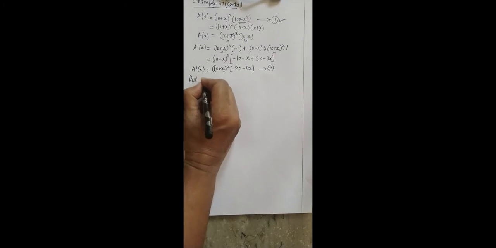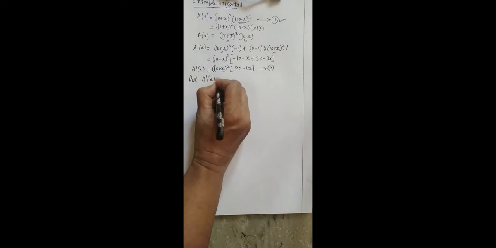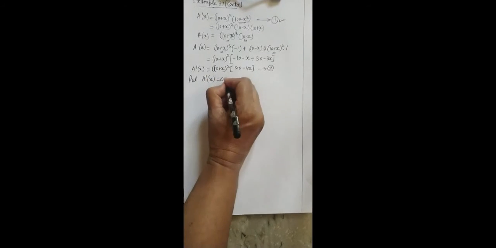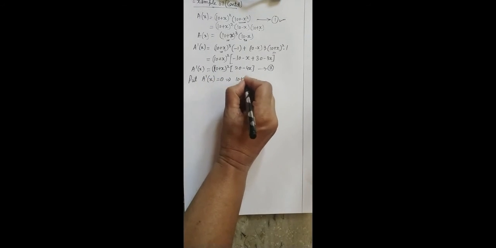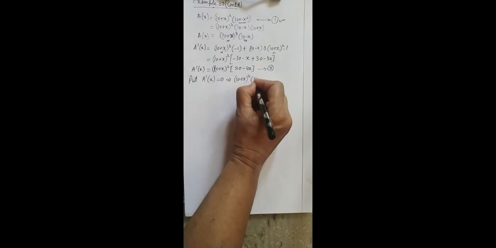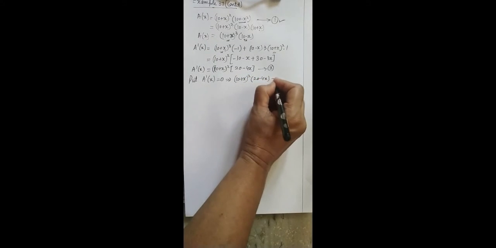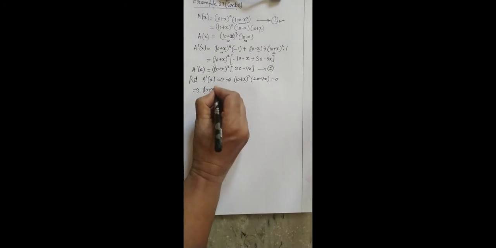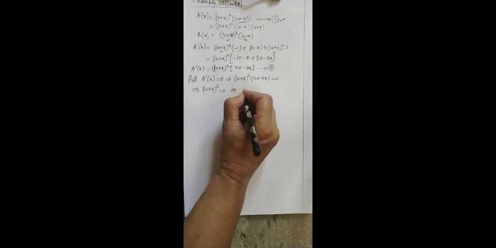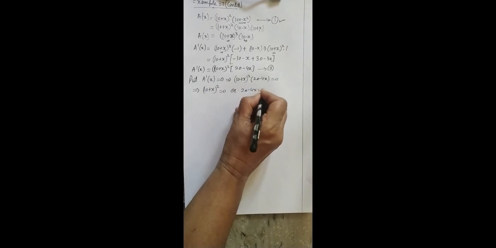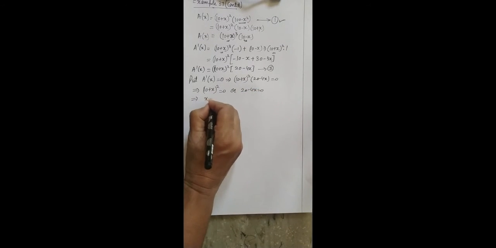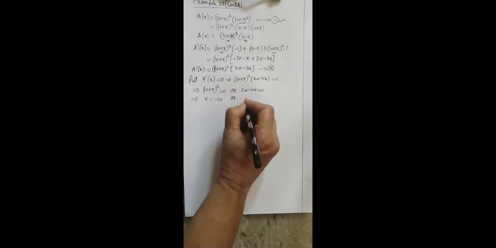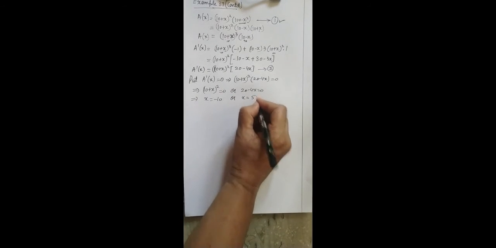Now I will put A dash of x equal to 0, which implies 10 plus x whole square into 20 minus 4x is 0, which implies either 10 plus x whole square is 0 or 20 minus 4x is 0, which gives me the result that x is equal to minus 10 or x is equal to 5.